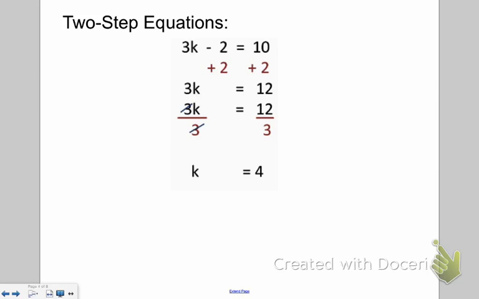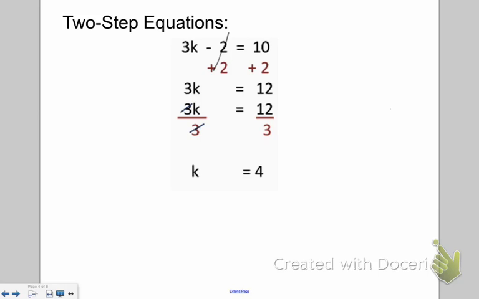And if we're using inverse operations, addition and subtraction come before multiplication and division. So your first step is to get rid of your constants on the same side of your variable. So in order to get one step closer to having k by itself on the left-hand side, we're going to eliminate the negative 2 by adding 2 on both sides.